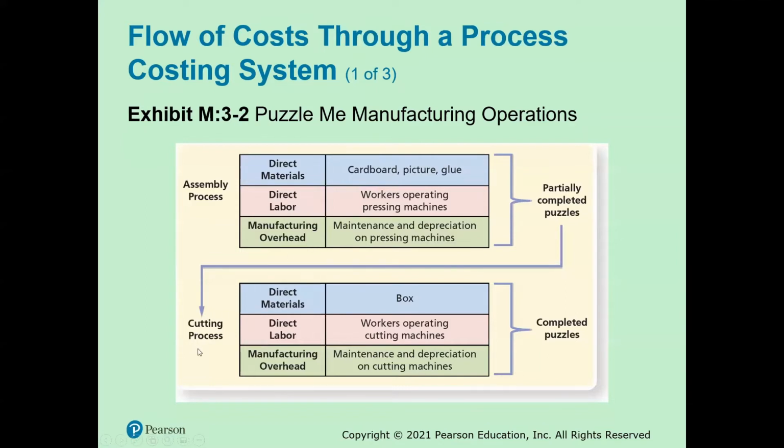In the cutting process, you have direct materials, direct labor, and then manufacturing overhead. The assembly process deals with the cardboard, the picture, and the glue. The direct labor are the workers operating the pressing machine. Whereas with the cutting process, you have workers operating the cutting machines.